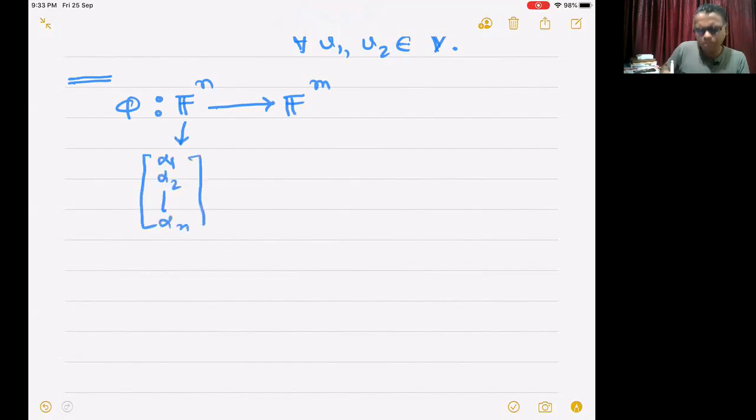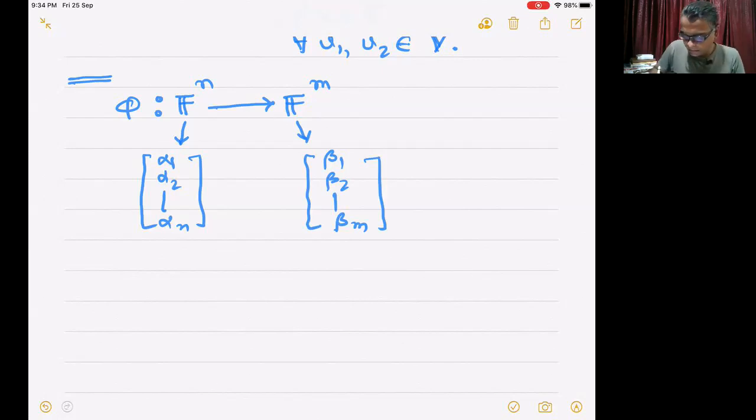Similarly, elements here are m tuples, namely beta 1, beta 2, up to beta m. These are the vectors in F to the n and F to the m. Now, suppose we know that phi is linear. What more can we say about this phi?